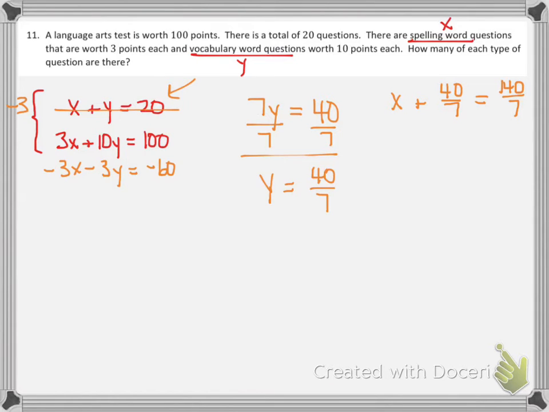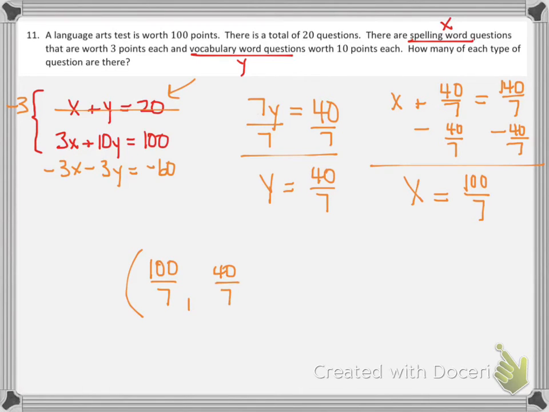And then we can subtract 40/7 from both sides. And that gives us x equals 140 minus 40 is 100/7. So there we have it. X value 100/7, y value 40/7.